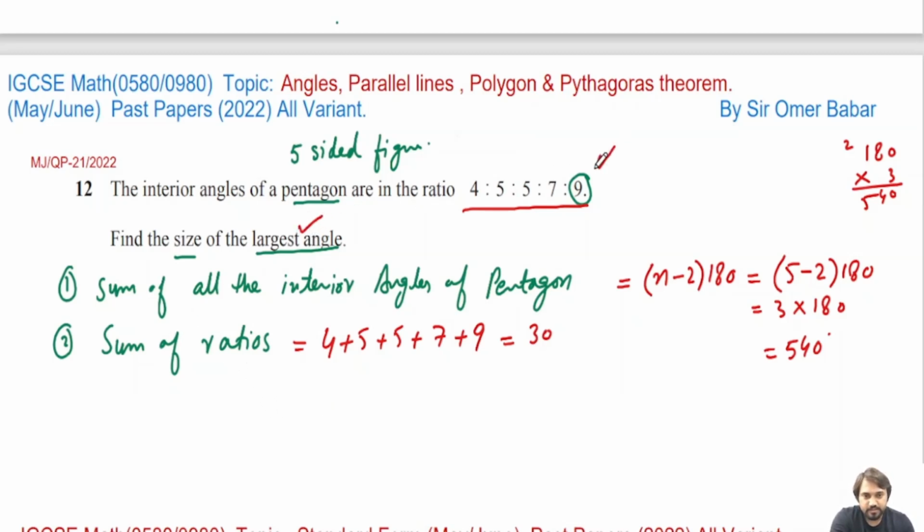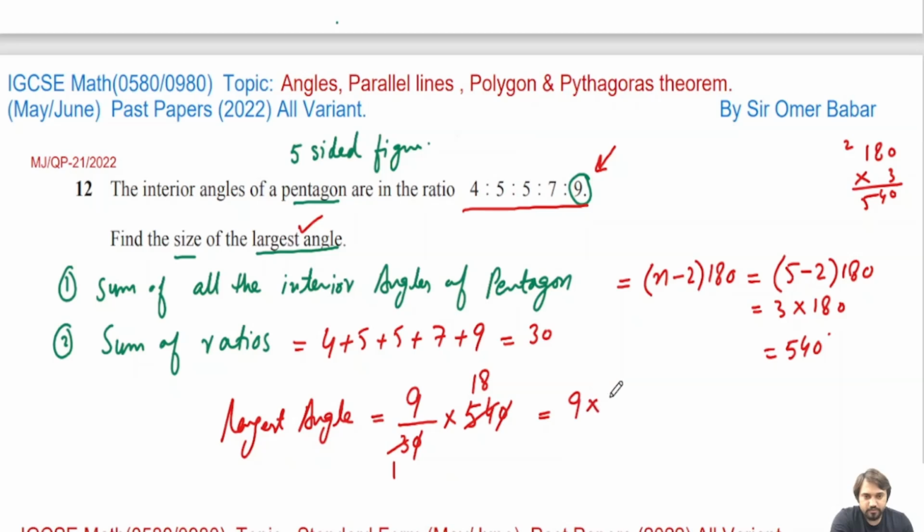The largest ratio is 9, so the largest angle will be equal to that ratio, that is 9 over the sum of ratios, 30, multiplied by the sum of all the interior angles of a pentagon, that is 540. Now we can cancel 0 with 0, 3 one time, 3 one time, 3 eights.